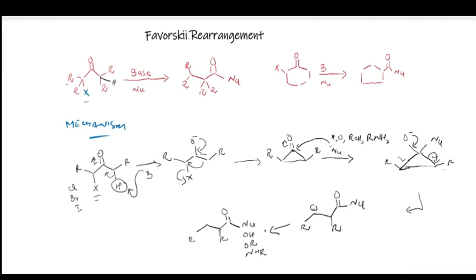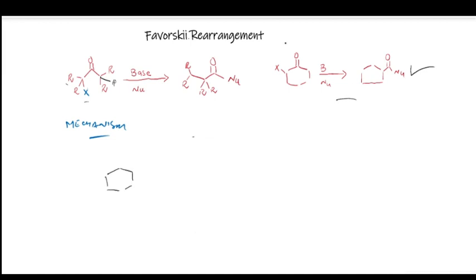Now, this was for the acyclic ketones, but as I told you earlier, this reaction can also take place in cyclic alpha-haloketones, as you can see the reaction here at the top, and we'll discuss the mechanism in a short while. So here is our cyclic alpha-haloketone.